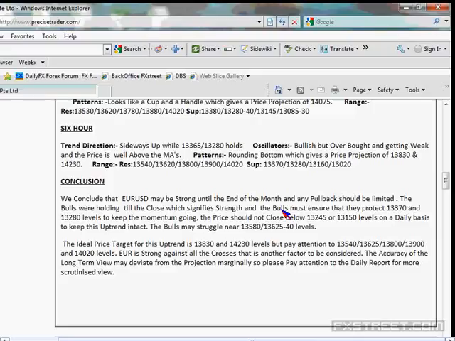If you look at Aussie Canadian, in fact, it has breached the prior high, which is 99.20, and is trading above that high. All right, so let's see what our report says for Aussie Canadian. Give me a minute.